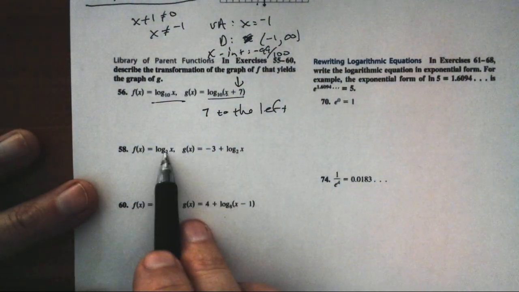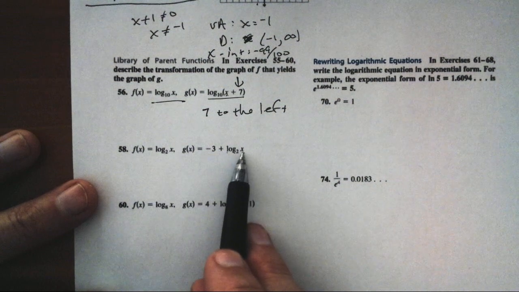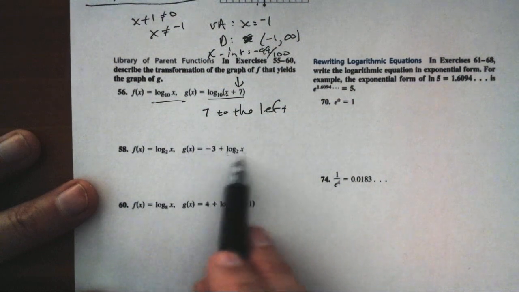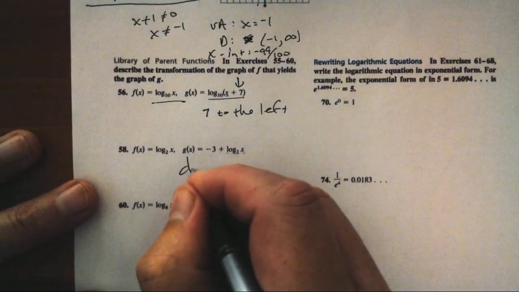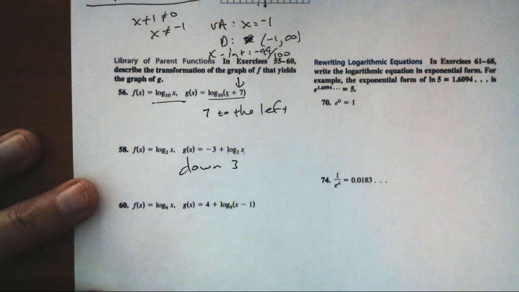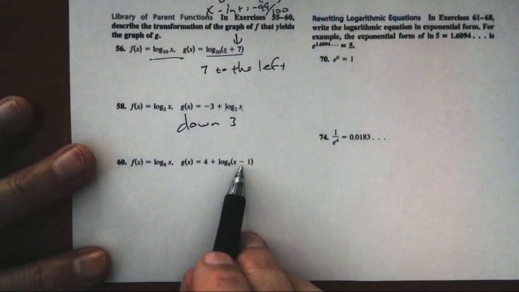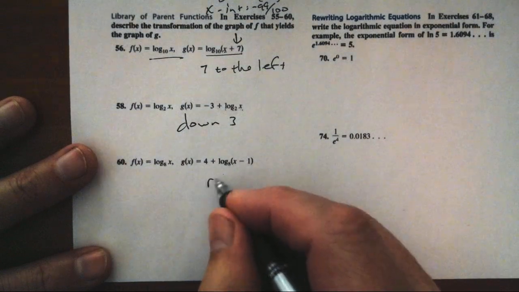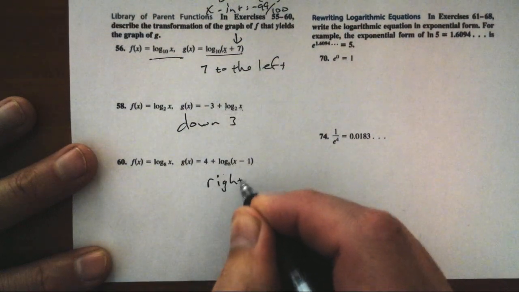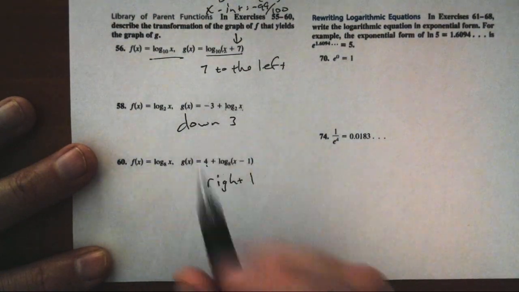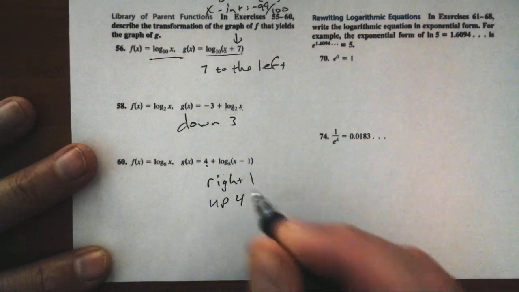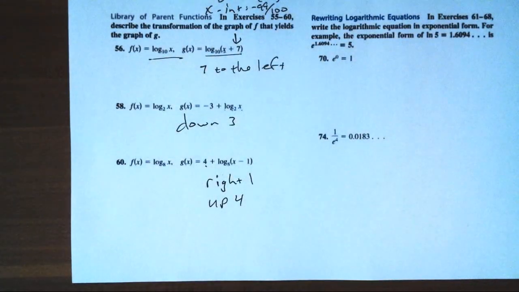In this case, log base 2 of x looks just like log base 2 of x, but here we're subtracting 3 post function, down 3. Here we have pre-function, interesting value is 1, so we are right 1, post function, up 4. Okay, that is what we specialize in.